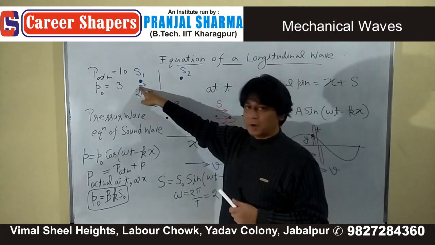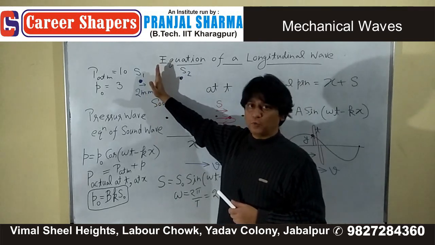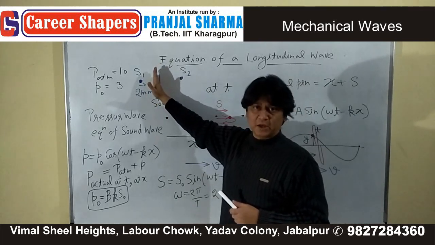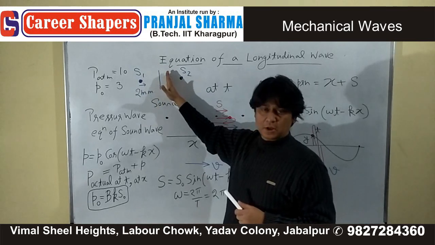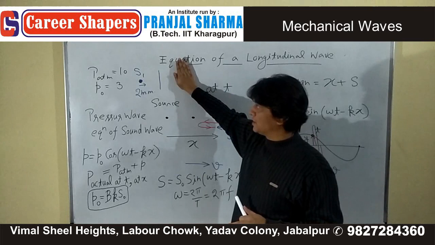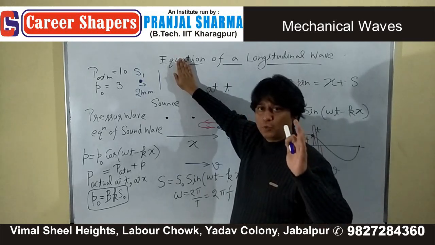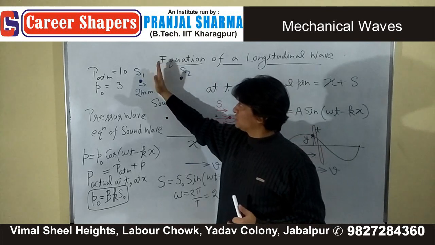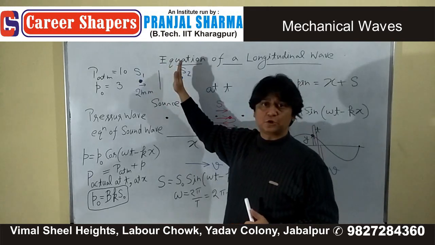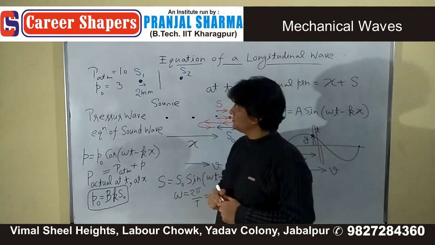By the time this command reaches this position, this film will also move 2 millimeter in this direction. If only S1 is present and there is no S2, then after some time you will notice that this film moves 2 millimeter. That's how a wave propagates.